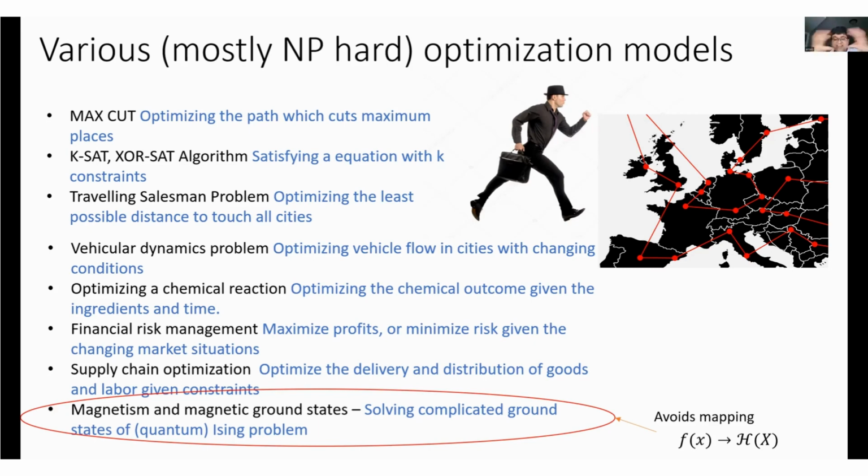There is a very nice connection between them. You don't need to do any translation of your problem, any translation of the variables. They are almost exactly mapped one onto each other. So it becomes a very nice vehicle for solving magnetic problems.